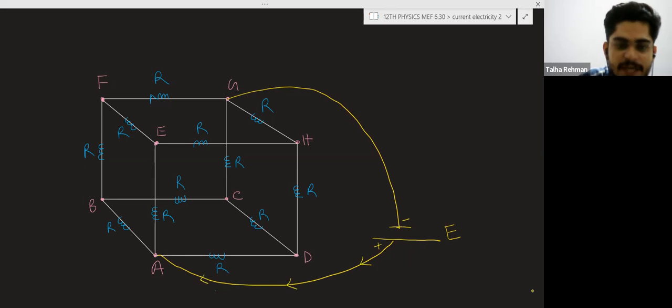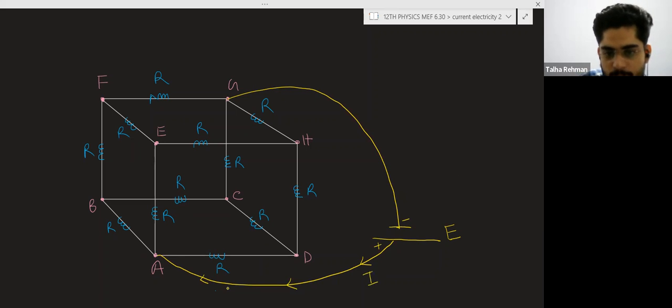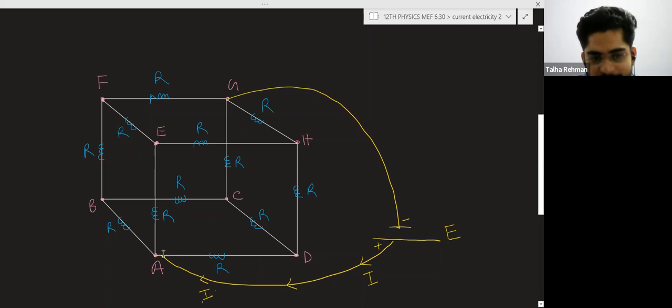This A point is the junction point, and suppose this current is I. This current I at this junction point will be divided. Here are three branches, one branch is this, one is this, and one is this. In all the branches, this current I will be divided.